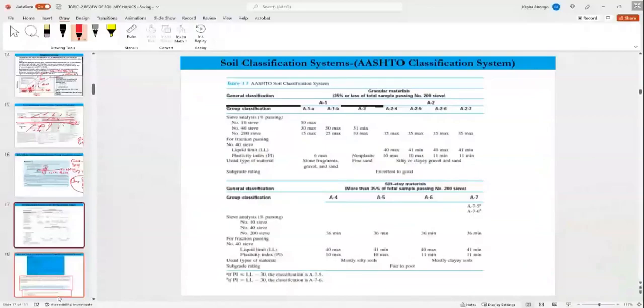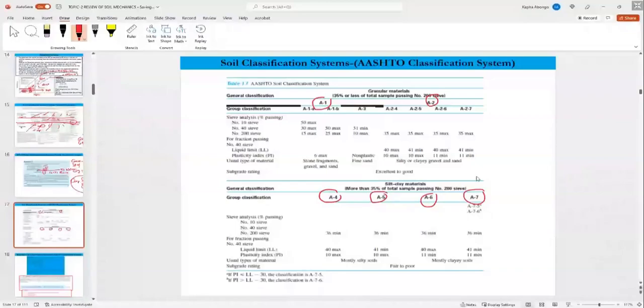So the other classification system is the AASHTO system. Let's see how the AASHTO system goes about it. In the AASHTO system, we work and classify soil from left to right. We classify the soil as A-1, A-2, A-4, A-5, A-6, A-7.